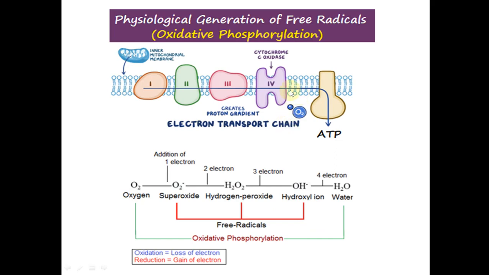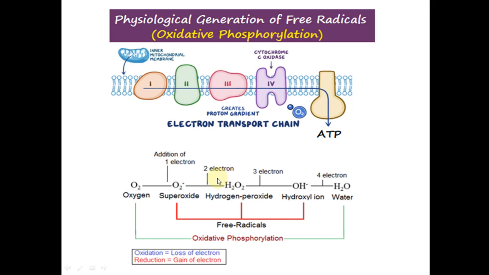Now, in this slide we can see the oxidative phosphorylation, in which oxygen is partially reduced to water. But this reduction is not complete. Initially, when an electron is added to the outer orbital of oxygen, it is converted into superoxide, which is a free radical.